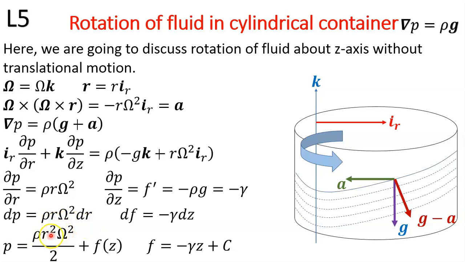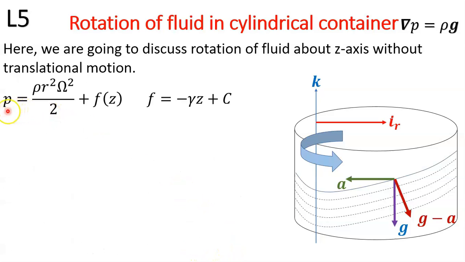Integration r dr will be r square upon 2 plus some constant of integration, and we consider that this constant of integration is independent of r, but it may be depending upon z, which is not involved in this expression. So f of z is kind of constant in this equation, and df, when we integrate, it is equal to f, and minus gamma times integration dz will be z plus c, the constant of integration.